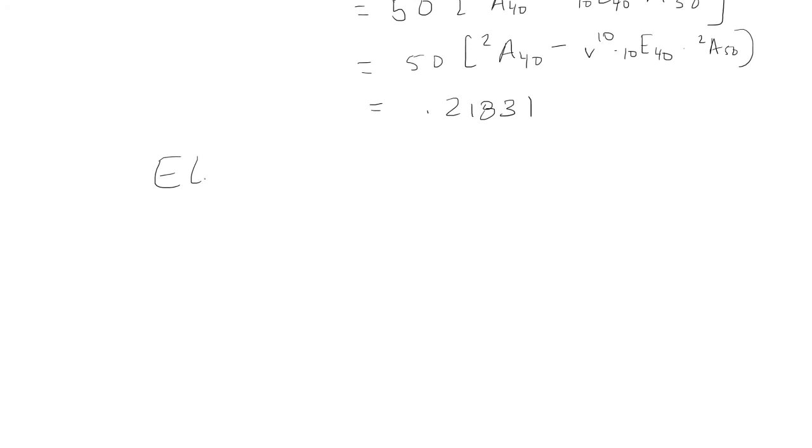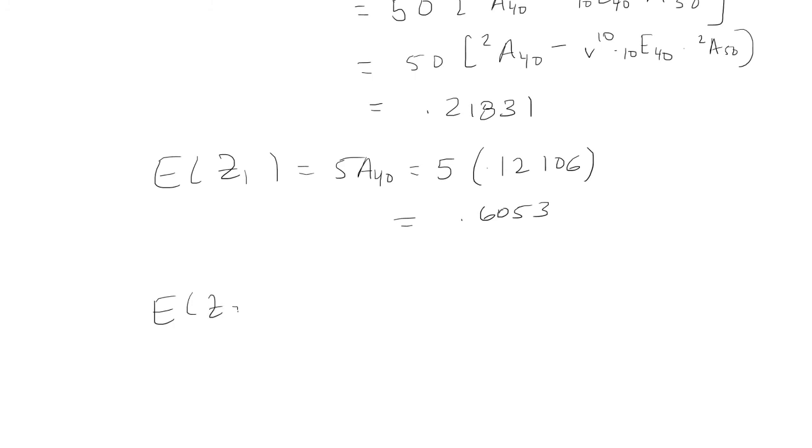Now for the expected value of Z1, we said it was 5A40. So A40, if we look it up in the table, is 0.12106. So that's just 0.6053. And we look at the expected value of Z2. We said that was 10, and it pays out 10 if the person dies within 10 years.